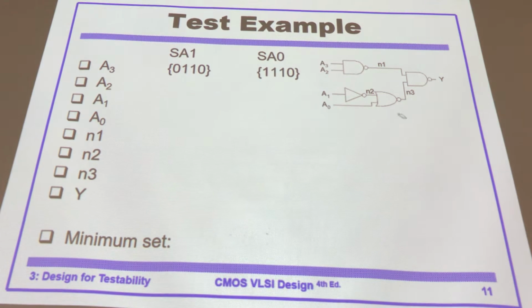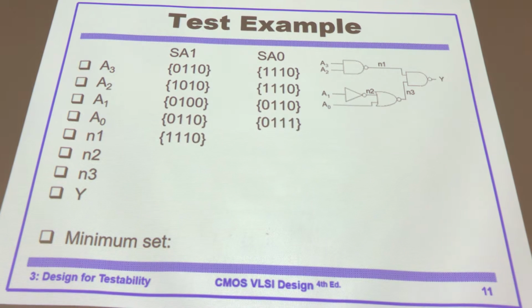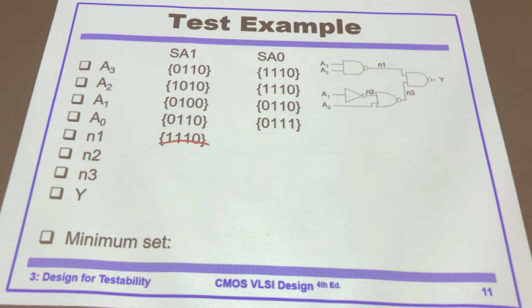Last week we looked at N1. Look here. Let's try to do that in reverse direction. Given that we want to test N1 for whether or not it has a stuck at 1 fault, what should you give for the input?